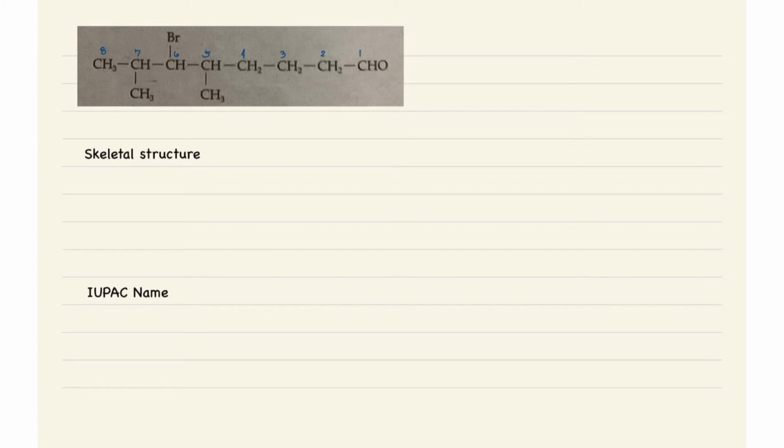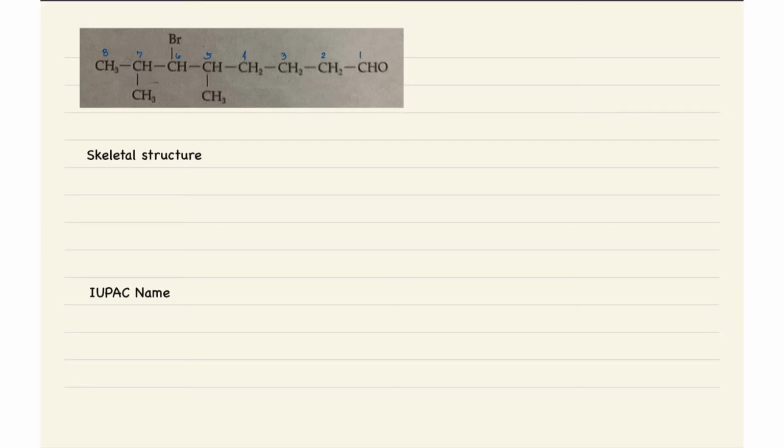After we identify the number of carbon atoms in our parent chain, we now need to locate the other derivatives, other elements present here for our alkyl group. So in this figure, we have these attached to number 5, number 6, and number 7.